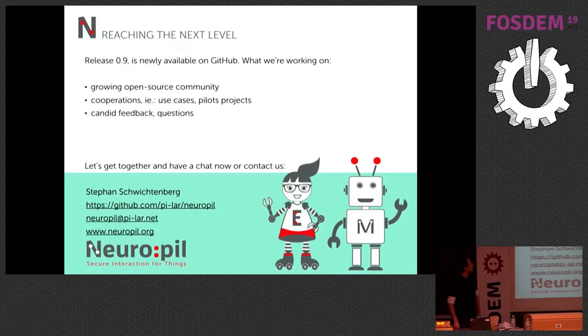And we are looking for cooperations or for your feedback so that we can improve the protocol and take the next steps and grow, hopefully, an open source community around our protocol. That's already from my side. Thank you for your attention.